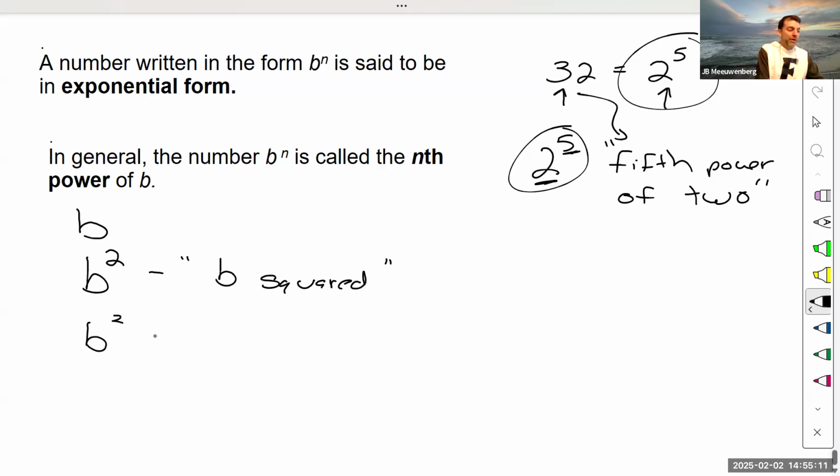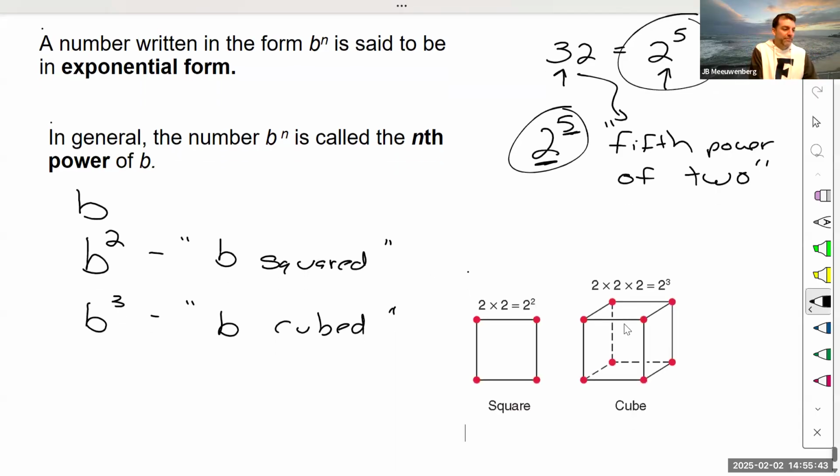If we write the 3rd power of b, we call that b cubed. And that terminology really came from the ancient Greeks, because the Greeks viewed all of mathematics and numbers as associated with geometry, pictures. They had pictures for everything. And so they envisioned these as geometric arrays of dots.